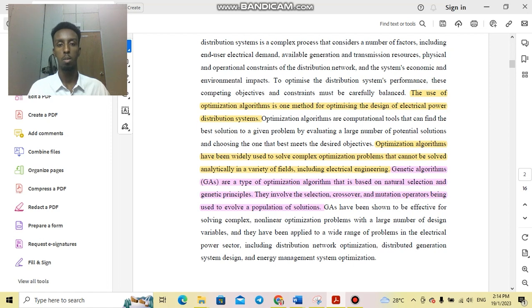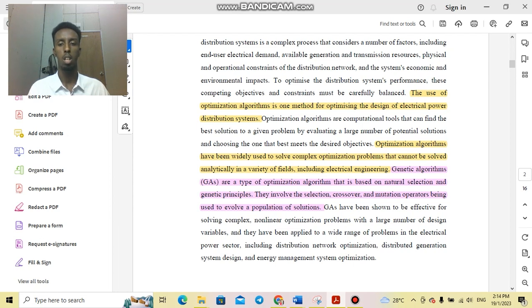Genetic algorithms are a type of optimization algorithm that is based on natural selection and genetic principles. They involve the selection, crossover, and mutation operators being used to evolve a population of solutions.